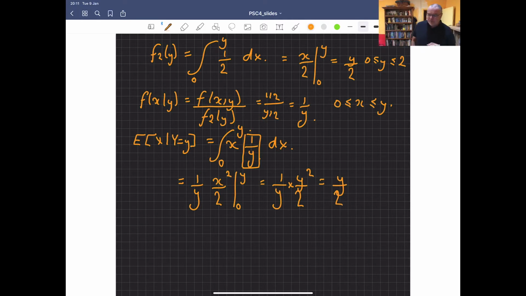So expected value of x given y equals y is y on 2. So now we can calculate the expected value of x given y equals 1.5. We just substitute in 1.5 over 2, which is 3/4.